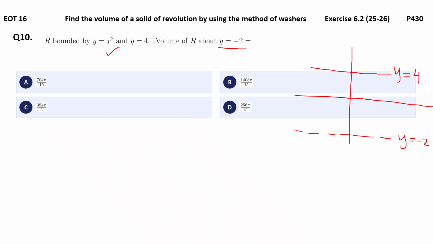It is already in terms of x, and your x values we already know how to find by substituting 4, and you get plus or minus 2. That part is clear. Now coming to the inner radius, you know y equal to x square is the function, right? So the inner radius is over here, which is the function y minus of minus 2.